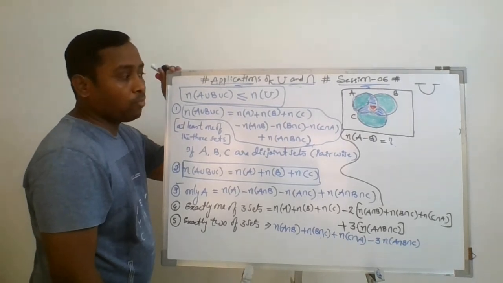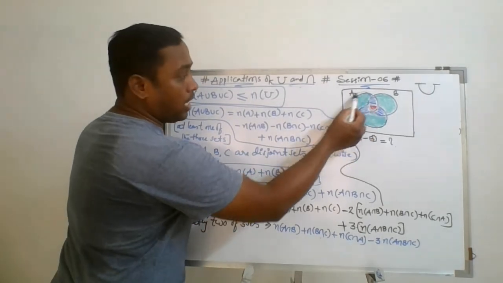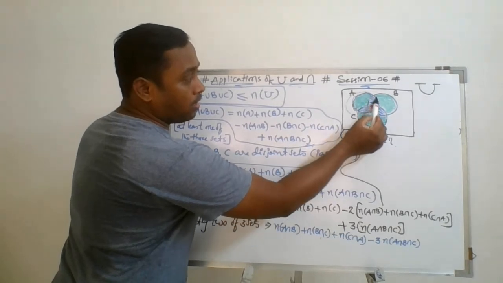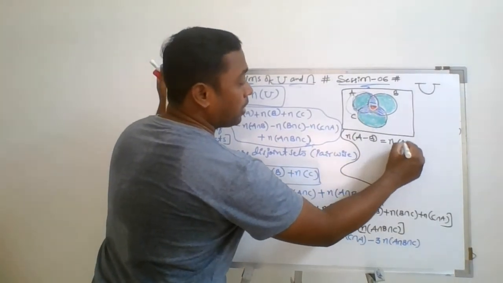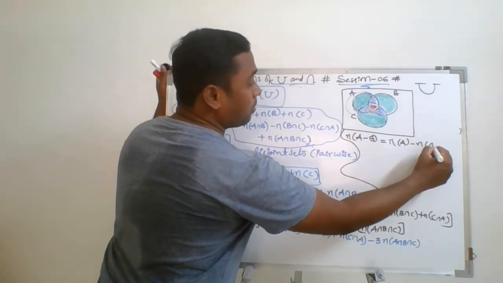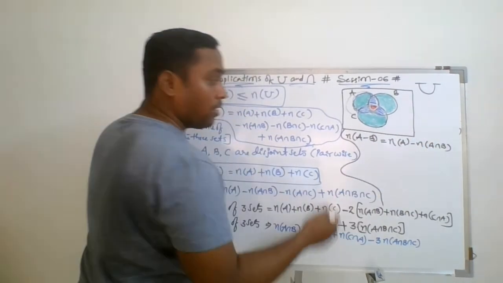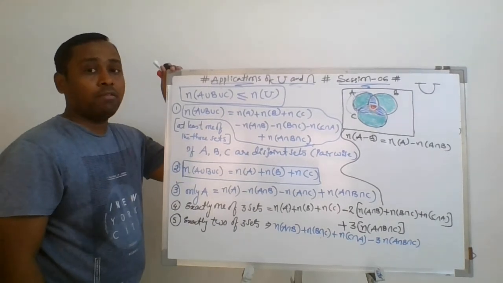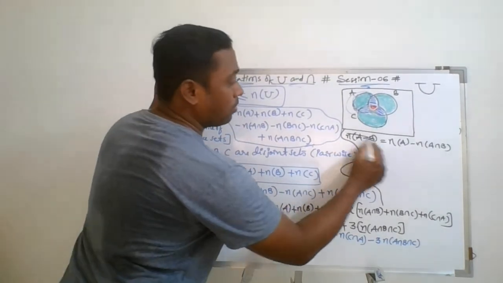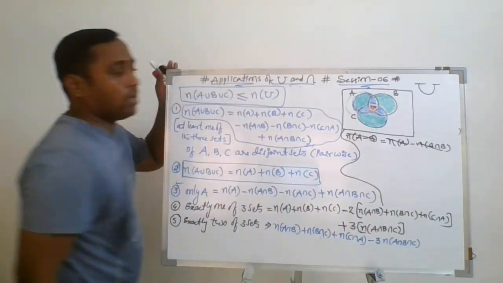So how can I remove that? From circle A, here the B portion is involved. So simply I could write here number of A minus number of A intersection B. So this is what we have discussed in the 2 sets related formulas. Just for your knowledge I have asked.